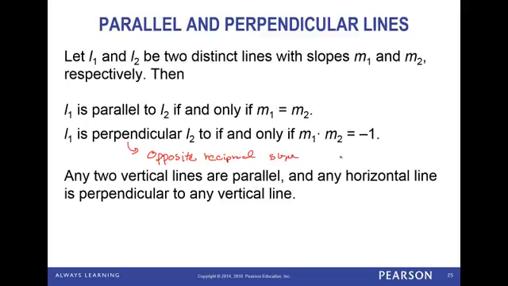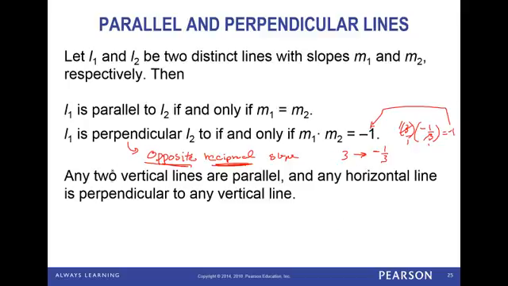So if one line has a slope of 3, the perpendicular line should have a slope of -1/3. So notice if you were to multiply these together, 3 times -1/3, the 3's will cancel obviously, and then you get yourself a -1. That's where that comes from. But I like to say opposite reciprocal. And you can do that real easy here. Change the sign and take the reciprocal and you're done.